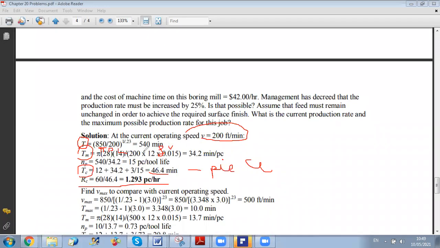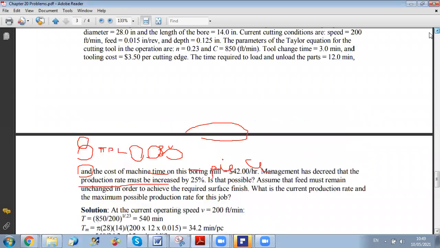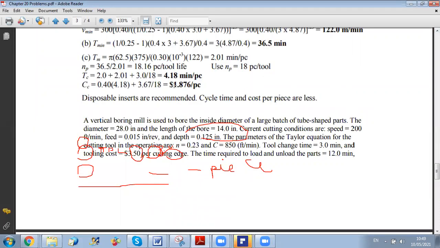Now pay attention to your units. This is V, this is the feed rate, but why do we have 12 here? This is due to unit conversion, because the length and diameter are both given in inches, and the feed is in inch per revolution, 0.015, while the speed is in feet per minute.